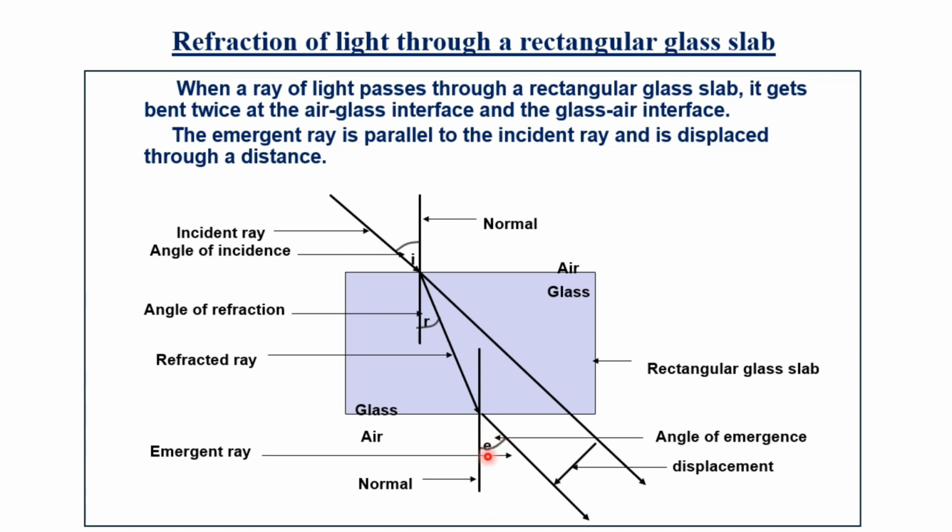Here let's see the distance. The perpendicular distance between the emergent ray and the incident ray when the light passes out of the glass slab is called the lateral displacement.